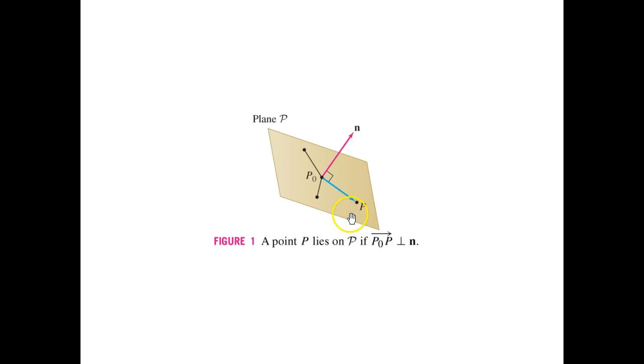This point P lies in the plane if the vector from P0 to P is perpendicular to N. Now the P0, of course, has to be in the plane. They didn't state that, but that's where they're starting from.